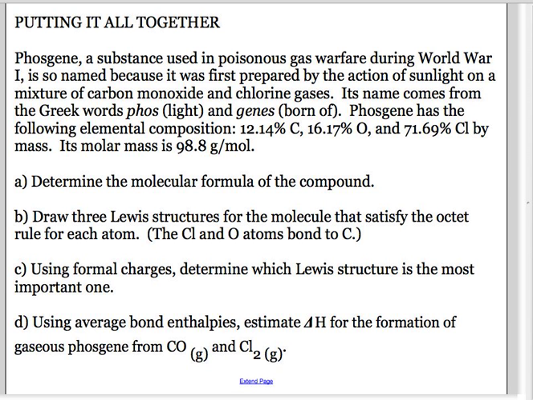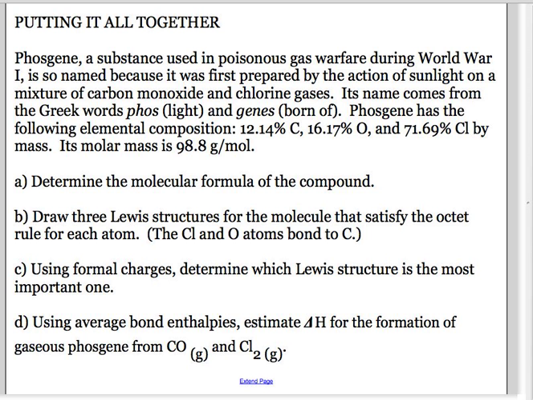Remember that little rhyme: percent to mass, mass to moles, divide by small, multiply till whole. The first step is percent to mass. So if it says 12.14%, think of 12.14 grams, and so on.